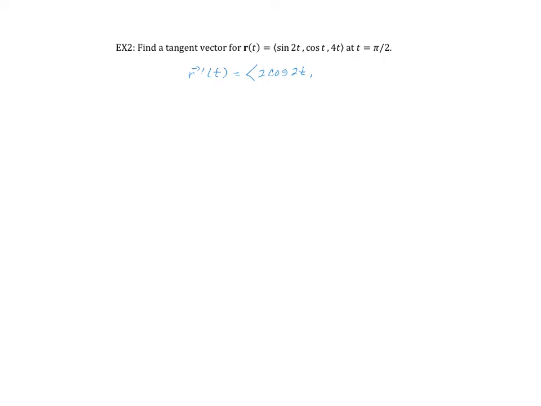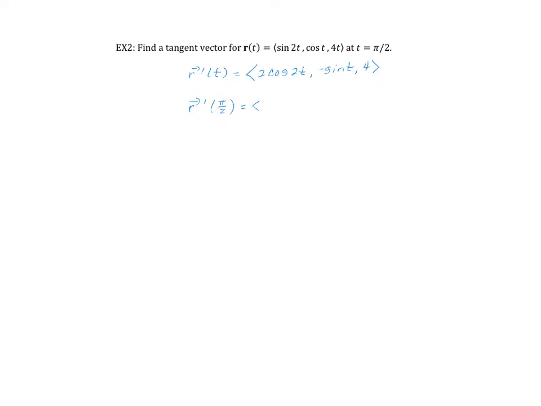The derivative of cosine is negative sine. And the derivative of 4t is just 4. So I'm supposed to be evaluating this when t is equal to pi over 2. So remember, this is a function where I'm putting in pi over 2, so just be careful with your notation. And this is going to give me the vector -2, -1, 4.